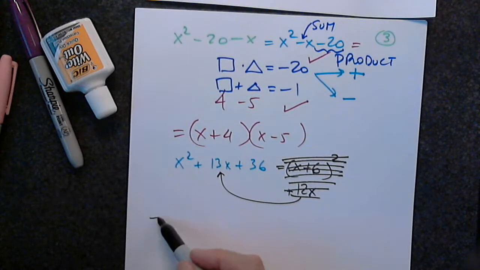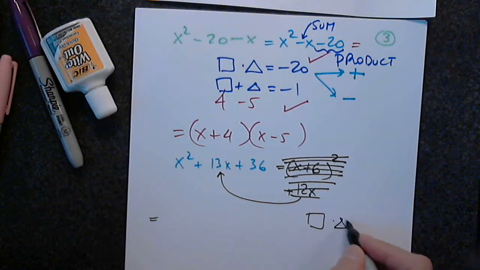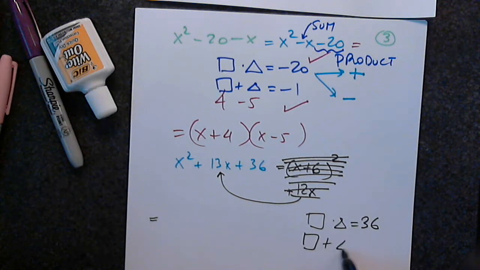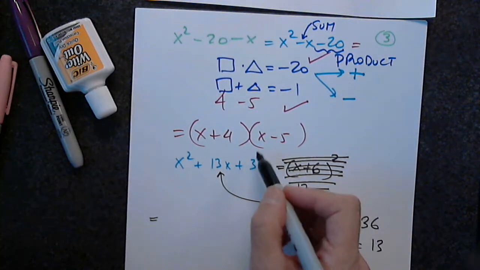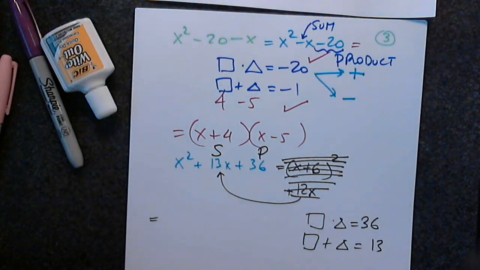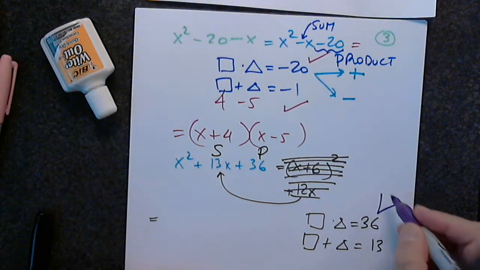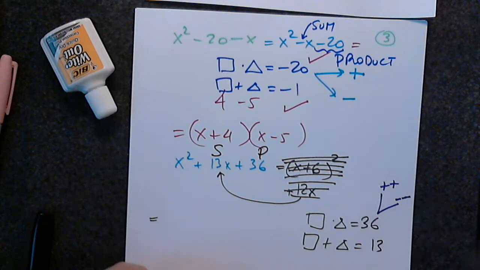Okay, so then I'm looking for two numbers whose product is 36 and whose sum is 13. This is always the product and this is always the sum. Since the product is positive, that's my starting point. I am looking for two positive numbers or two negative numbers.